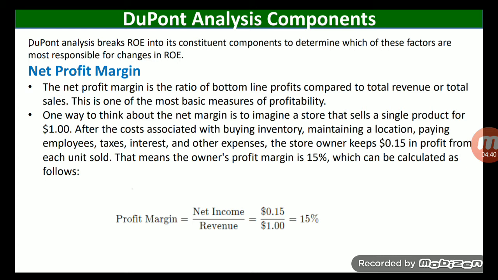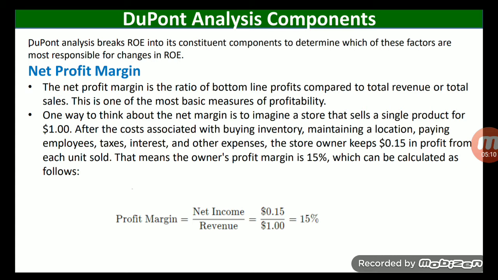One way to think about the net margin is to imagine a store that sells a single product for $1. After the cost of buying inventory, maintaining a location or rent, paying employees, taxes, interest and other expenses, the store owner keeps $0.15 in profit from each unit sold.